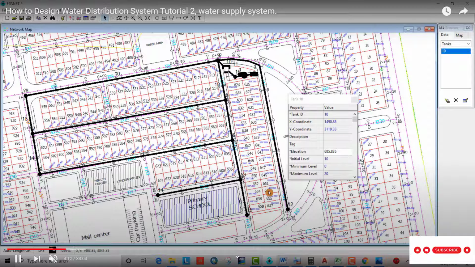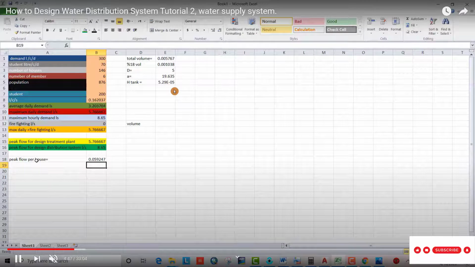Look, water is provided for a house in more than one direction. For example, if we have this house, it can take water from here and also from here. Here we have 90 houses and we have 6 nodes. So for each home we need 0.059 liter per second.